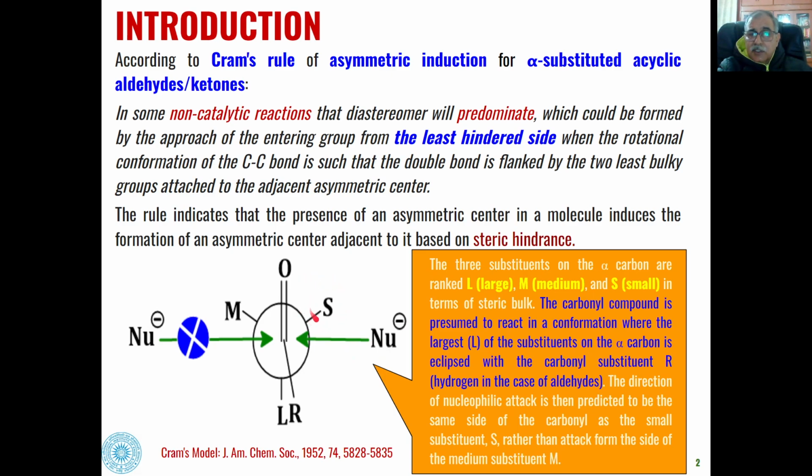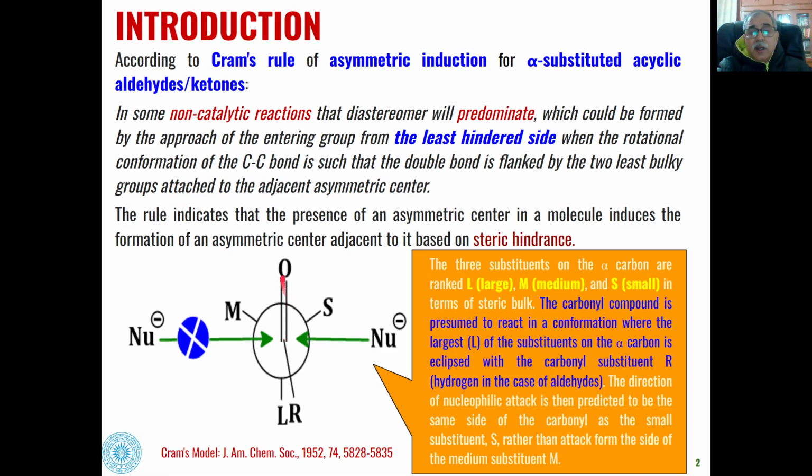There are three substituents present on the aldehyde or ketone, which can be classified as S for small, M for medium, and L for larger group. These are the three substituents present on the carbon which is alpha to the carbonyl.